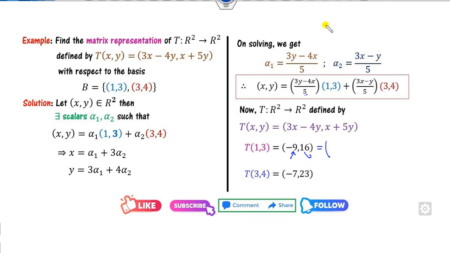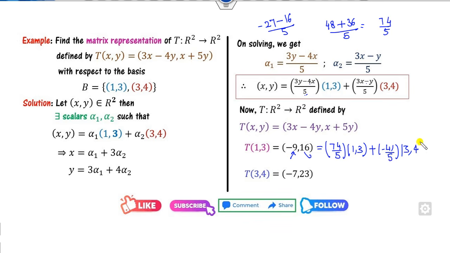So you will get 3 into y, 14, 48, minus 4 into x, 4 into 36 over 5. So that will be 74 over 5 into 1, 3, plus 3x minus y, minus 27 minus 16 divided by 5, that's minus 41 over 5 of 3 comma 4.